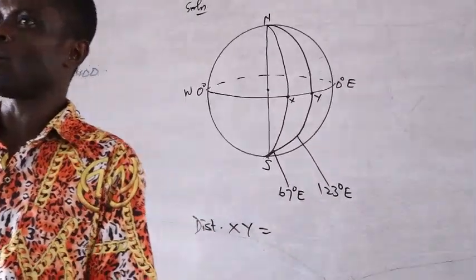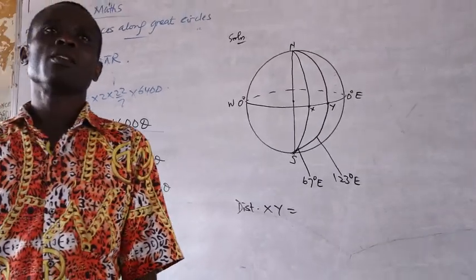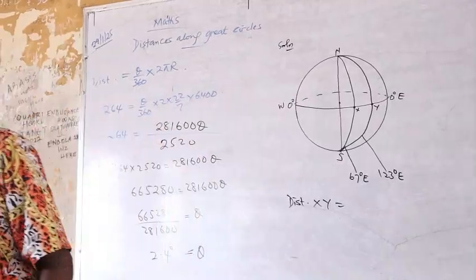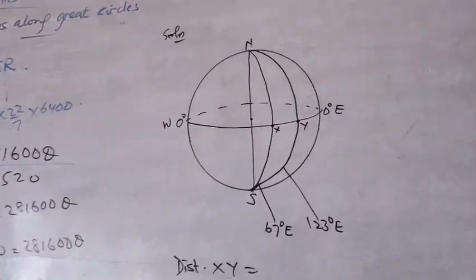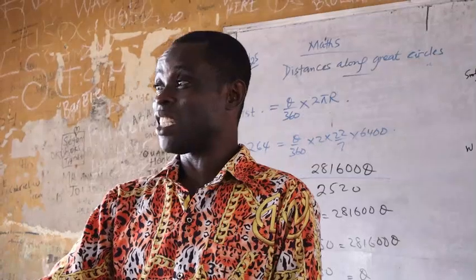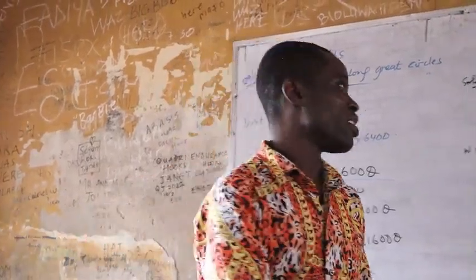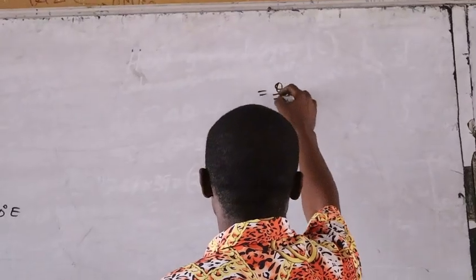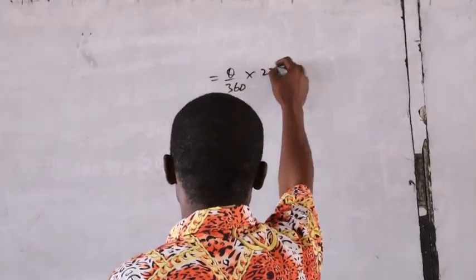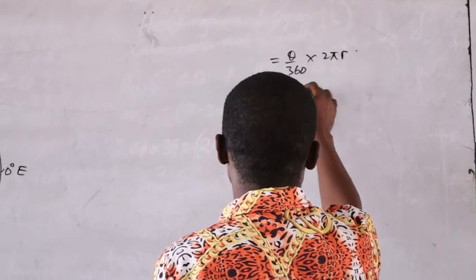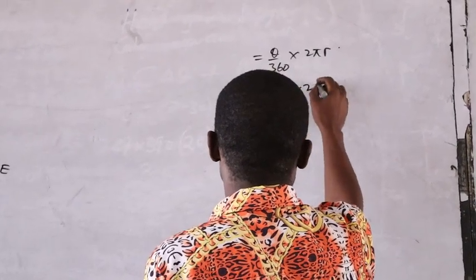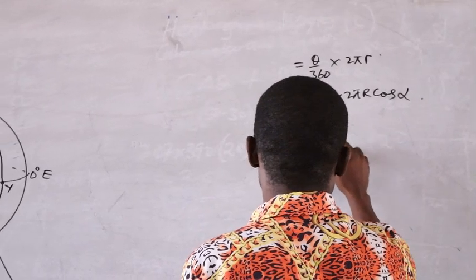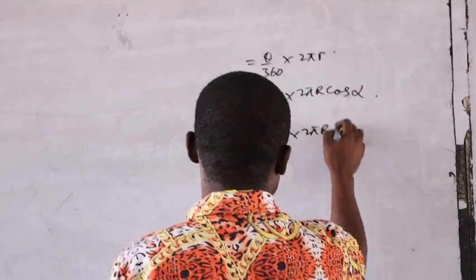Which formula are we going to use? It is theta over 360 times 2 pi small r, or theta over 360 times 2 pi big R. If you know it, raise up your hand. It's a latitude. Okay, look at this now. If I use distance equals theta over 360 times 2 pi small r, where small r equals big R cos alpha, then we have theta over 360 times 2 pi big R cos alpha.